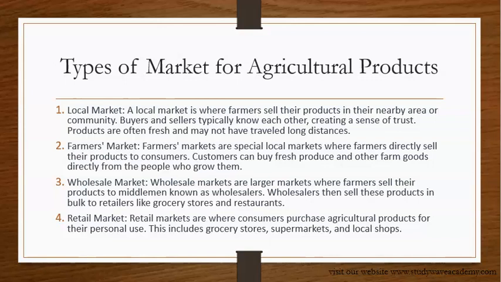Wholesalers then sell these products in bulk to retailers like grocery stores and restaurants. Then the retail markets. Retail markets are where consumers purchase agricultural products for their personal use. This includes grocery stores, supermarkets, and local shops.